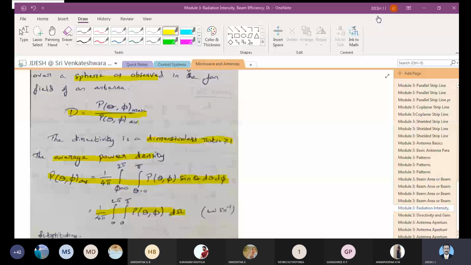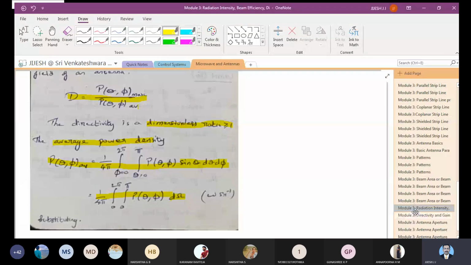Okay. We got the equation for P theta phi average as 1 by 4 pi integral of 0 to 2 pi, 0 to pi, of P theta phi d omega. Let us do the substitution and see what we are going to get.